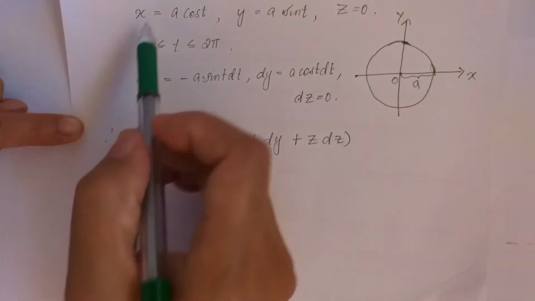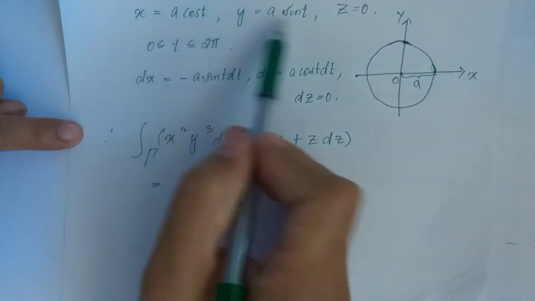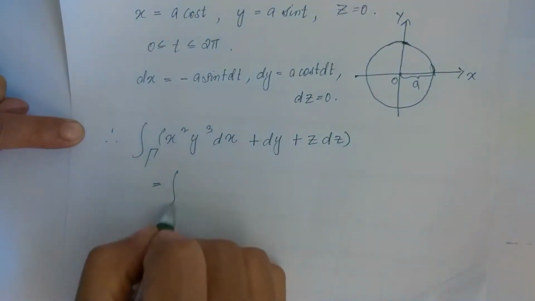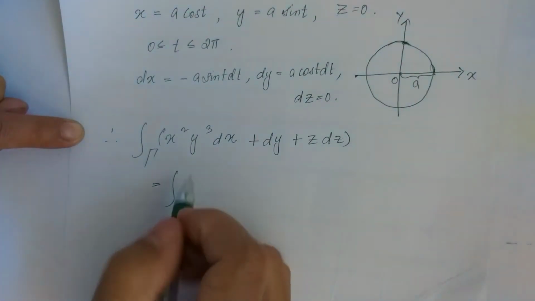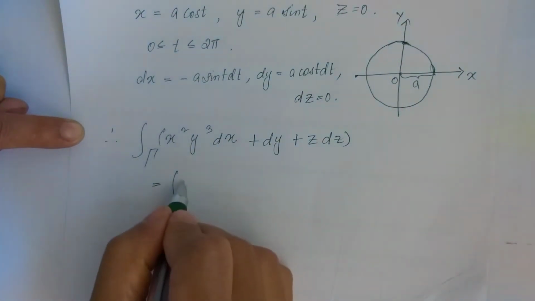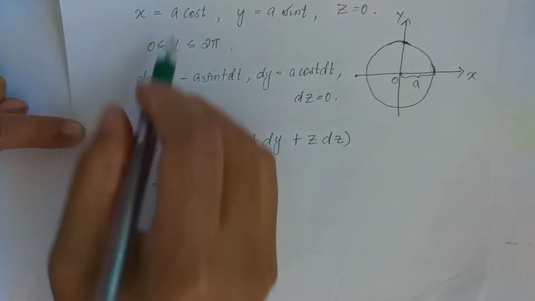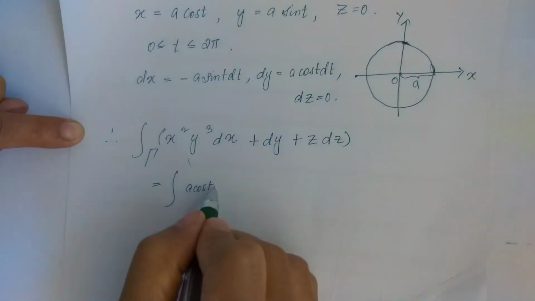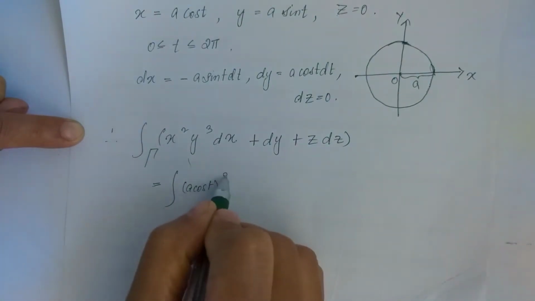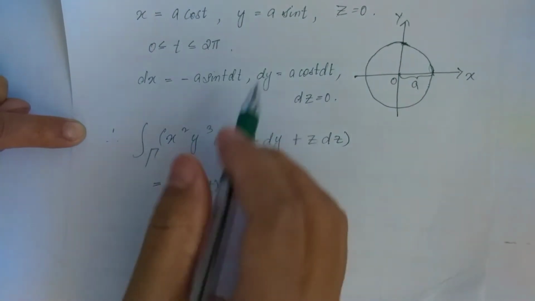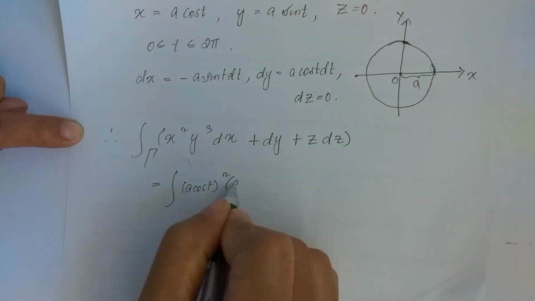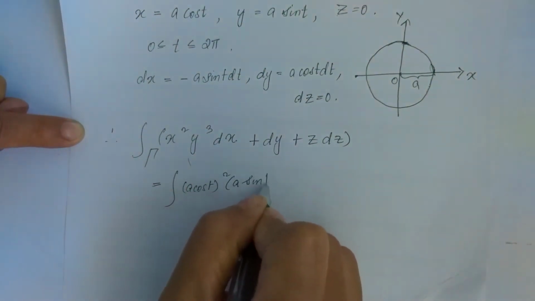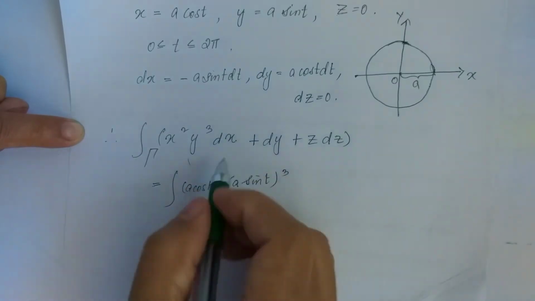We have parameterized the variables x, y, and z, so we substitute the value of x, which is a cos t, whole thing squared. The value of y, which is a sin t, we have a sin t cubed.